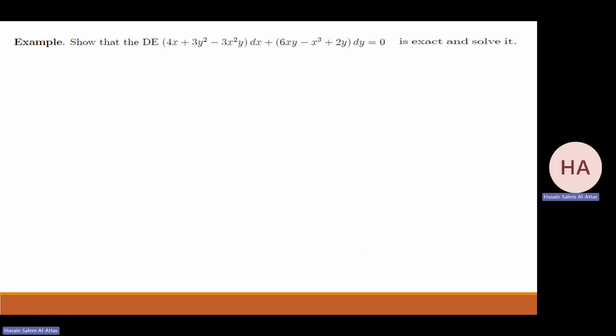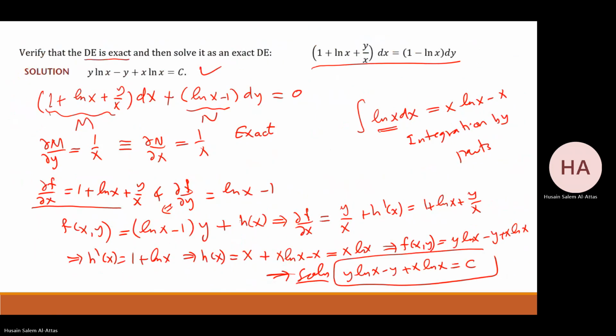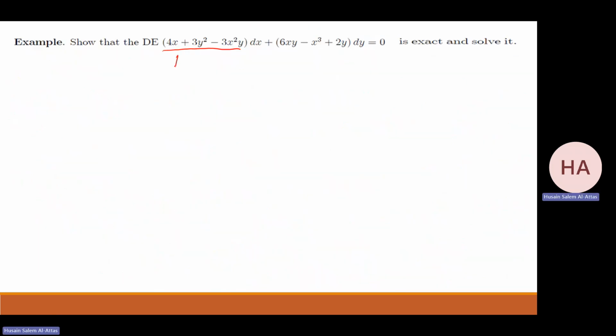The next one. Okay, yeah, this is ready. Is it the same as the first one? No. Okay, so I have M of x and y, and this is N of x and y. So partial M with partial y, I have 6y minus 3x squared.